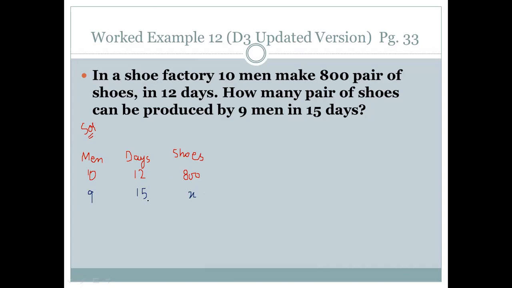All right, now the next step: the method we will follow for this example is the arrow method, arrow procedure. Okay, first step is to keep the unknown in the most right or in the most left column.